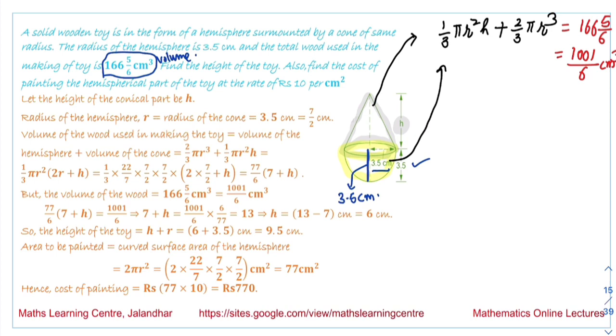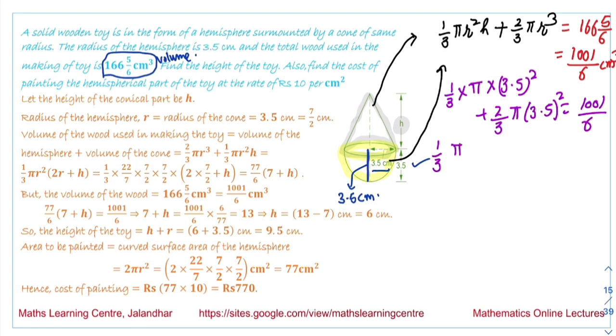Now if we substitute the known values, we get 1 by 3 into pi into 3.5 square, plus 2 by 3 pi into 3.5 cube, equal to 1001 by 6. We take 1 by 3 pi and 3.5 square common.